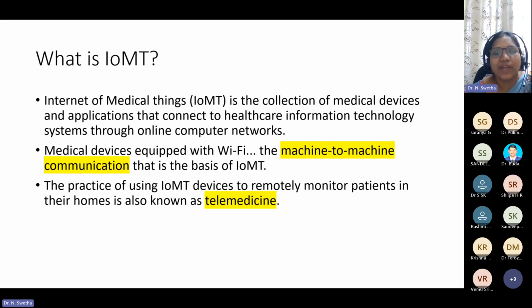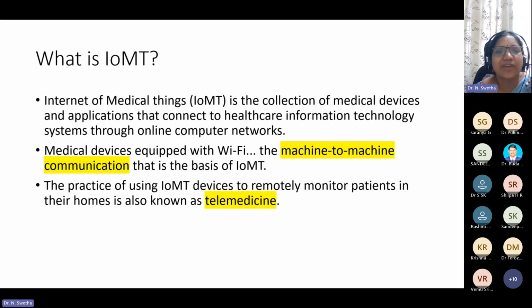So when you bring all these together, can you tell me which short range communication networks you're using currently? Any one of you?